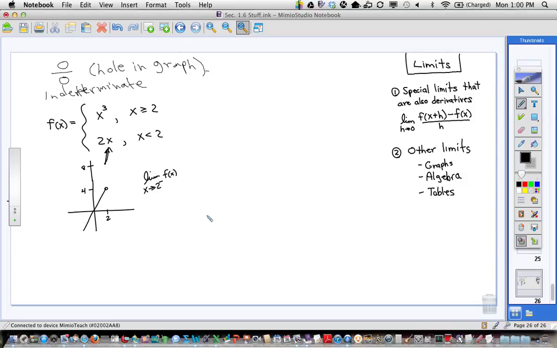You'd say 4. Even though there's a hole there, we don't care. It's intending to reach 4. It never gets there, but that's okay. It's getting closer and closer to 4. And what if we said 2 from the right? The limit would be 8. But the limit at 2 means it has to come from both directions, so we would say the limit does not exist. Okay? All right.